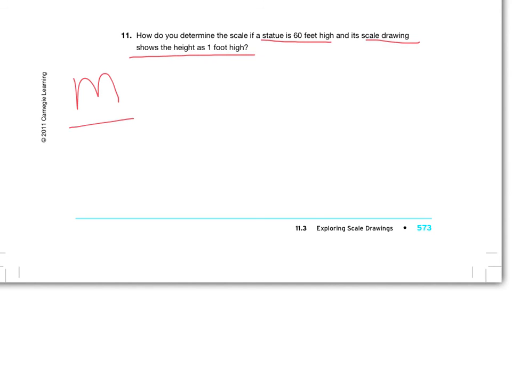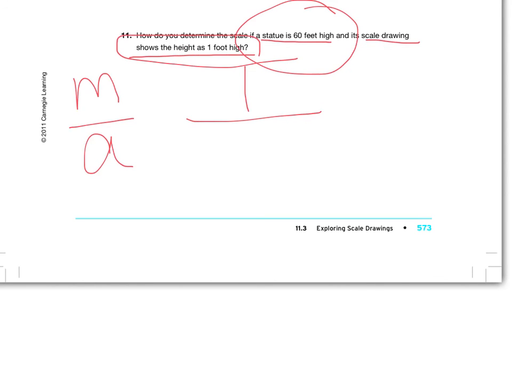So it's model to actual. So if we have our model or scale drawing as 1 foot high, that means we have 1 over the real deal of 60. I'll bet you it's a statue of Mr. Schwann's. How do you determine it? Well, we put the model on top, the real deal on the bottom. So our scale is 1 to 60.